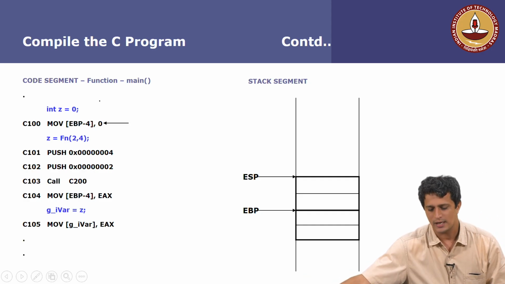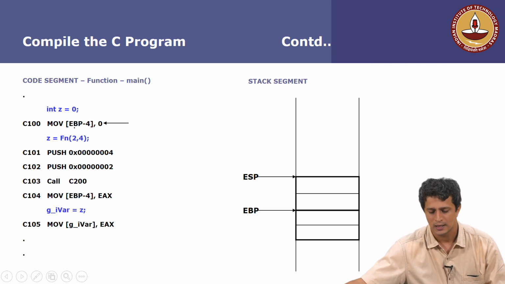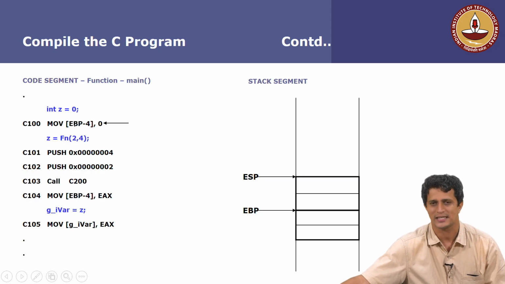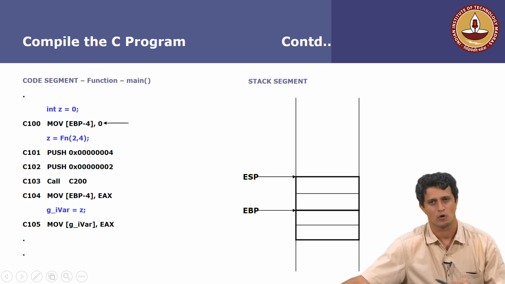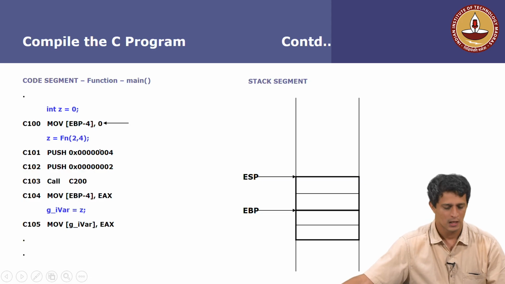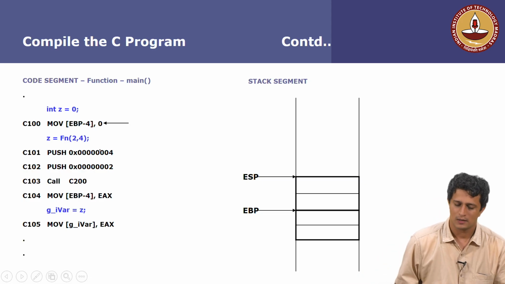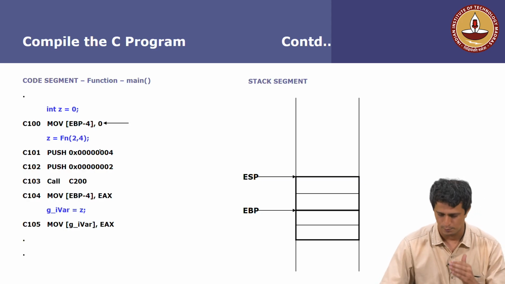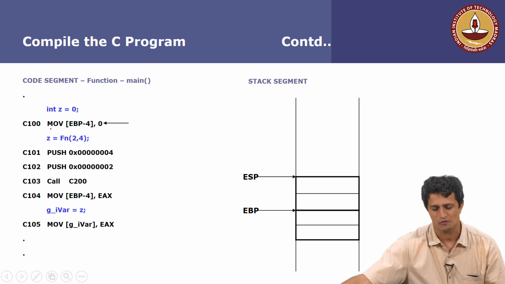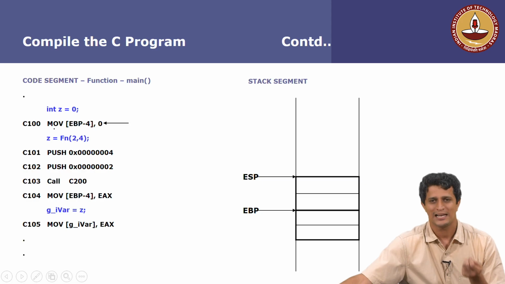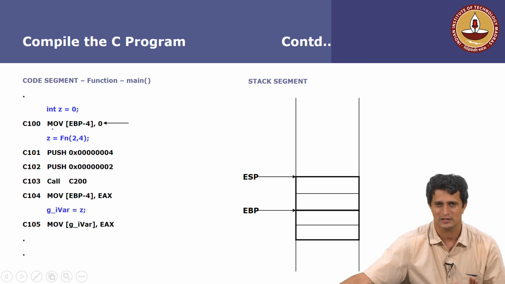So, the function main has a local variable, and I already showed you that the local variables are accessed as EBP minus 4, because there is only one variable now, there is only EBP minus 4, contents of that is my z. Okay. So, let us assume that this particular program was translated in such a way that the code segment address started in C100. These are arbitrary addresses that I am putting.